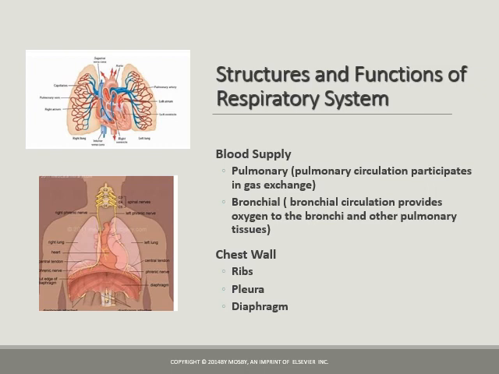Now, circulation. There are 2 different types, pulmonary and bronchial. The pulmonary circulation provides the lungs with blood, and that's the part that participates in the gas exchange. The pulmonary artery receives deoxygenated blood.